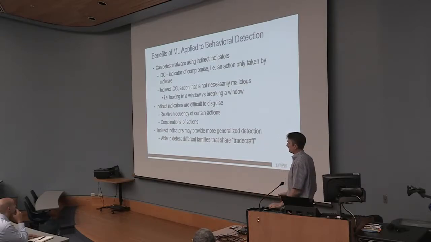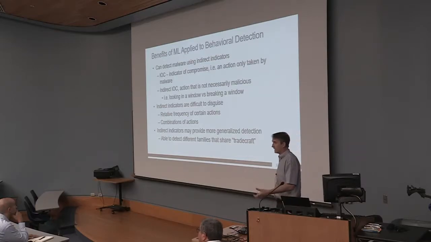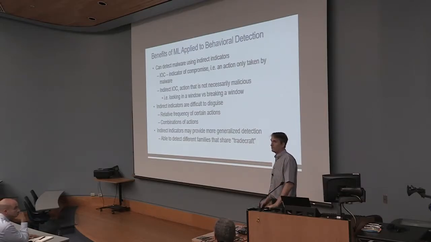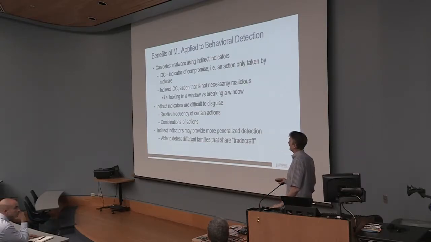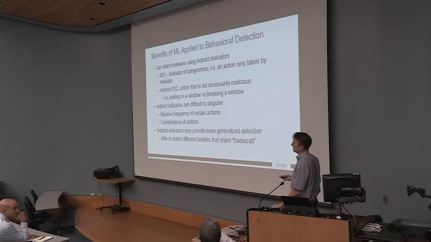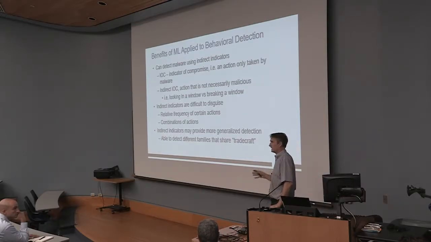So what are some of the benefits of machine learning applying to behavioral detection? Well, this is subjective, but in my opinion, one of the most interesting artifacts of this kind of detection is that you can now detect malware based on what I call indirect indicators. And what is an indirect indicator?